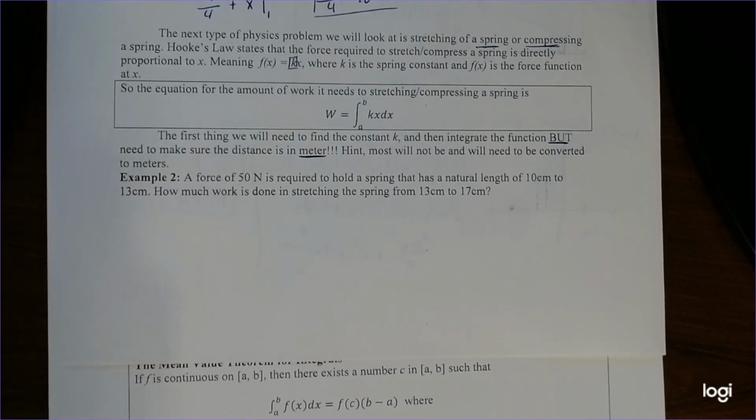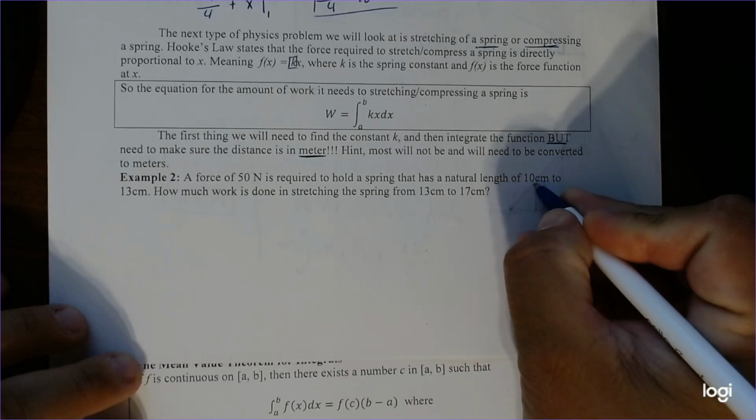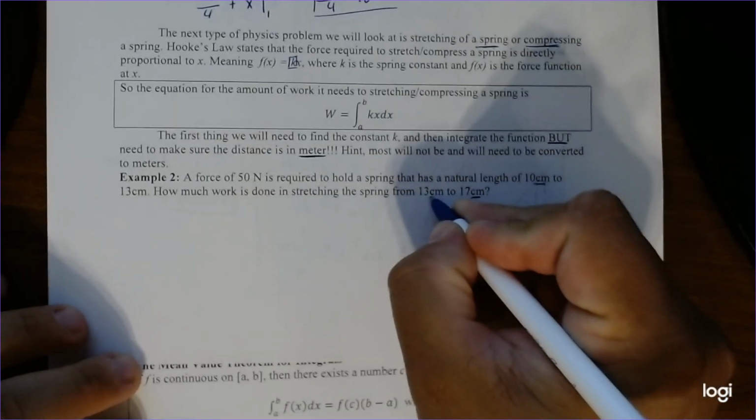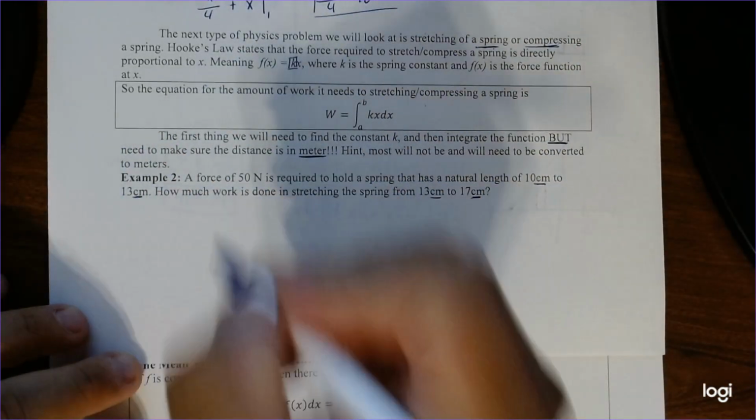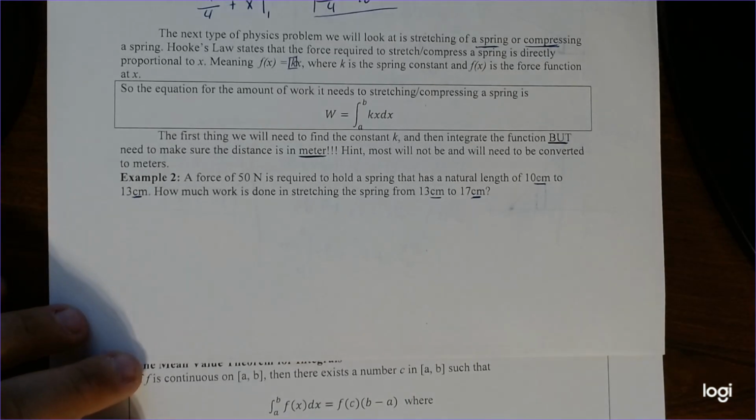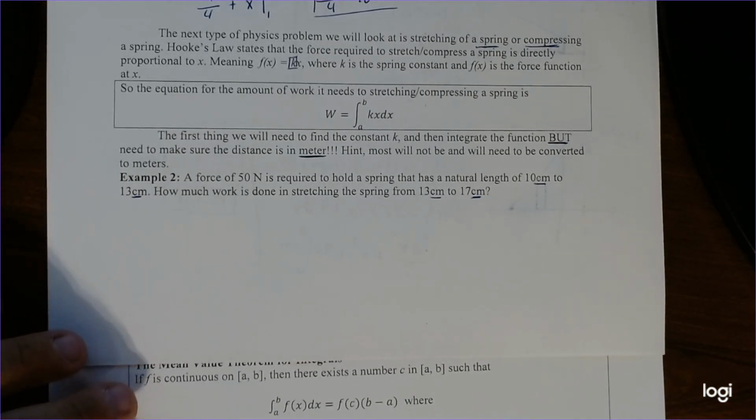Example 2 says a force of 50 newtons is required to hold a spring that has a natural length of 10 centimeters to 13 centimeters. How much work is done in stretching the spring from 13 to 17? Notice these are all in centimeters, so the first thing we do is convert them into meters.